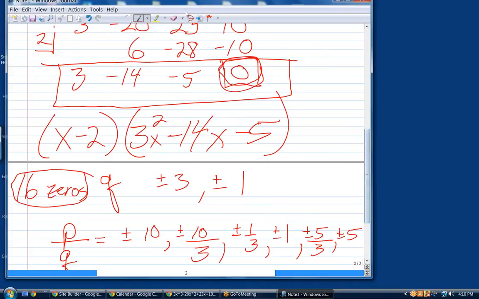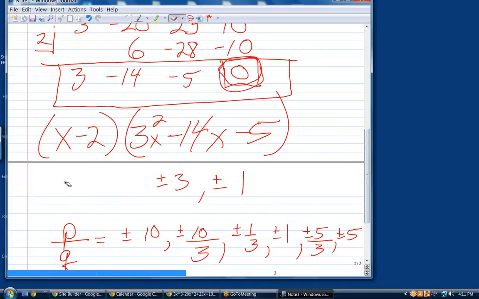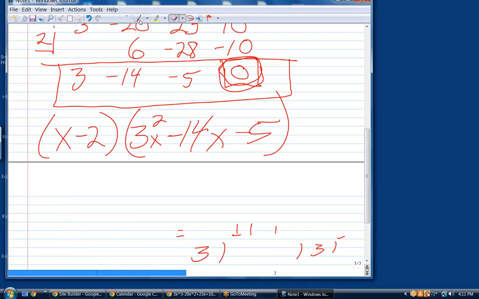And clearly that must factor quite easily since we know what our solutions are. I'm going to take a wild guess and assume that that's 3x times x, and this must be minus 5, and this must be plus 1.